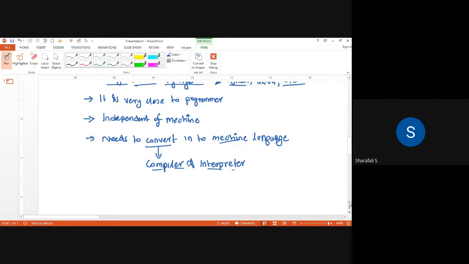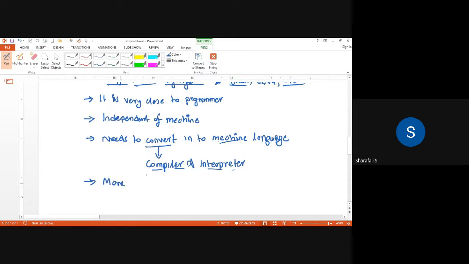Since this conversion is required, it takes more time. Because we are actually writing the program in a high level language, and that has to be converted into machine language, it requires some time. So this one will take more time.